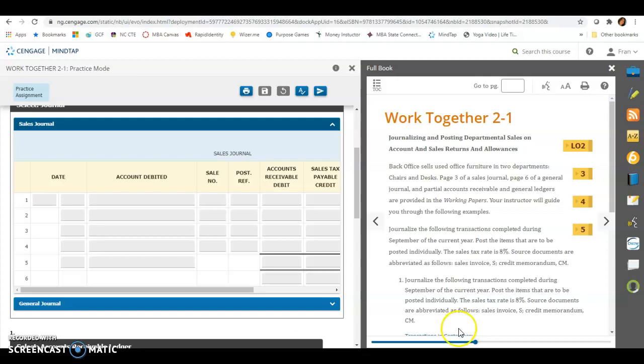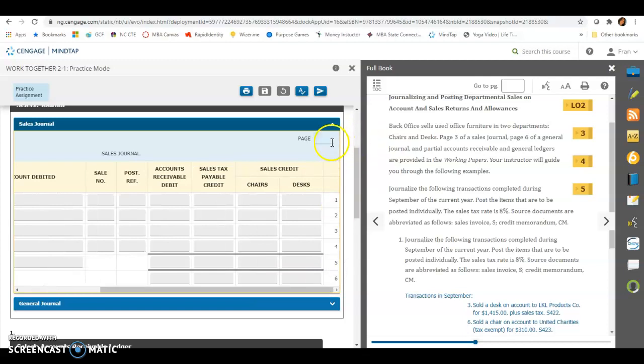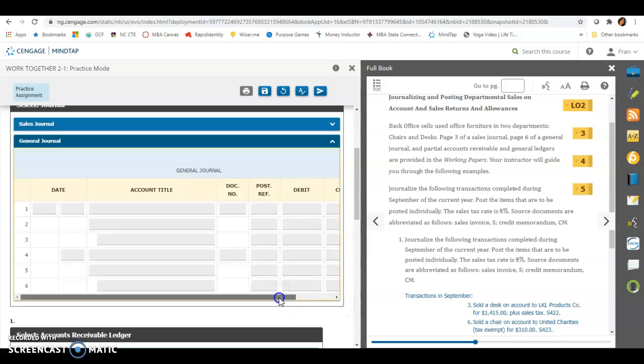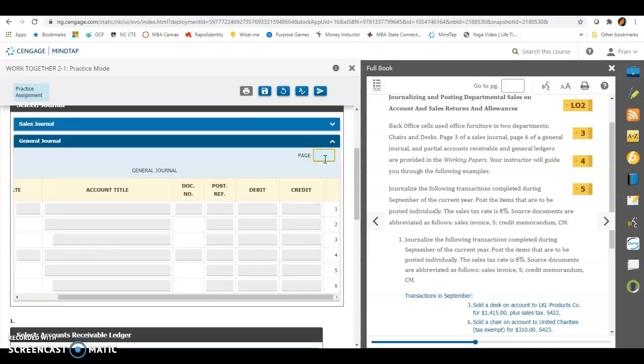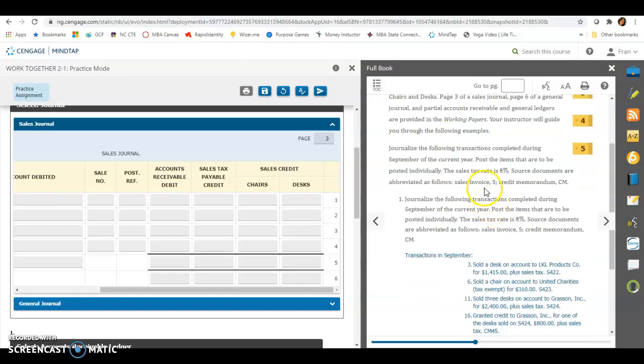Some things that we need to know from the directions is that we're going to be using page 3 of the sales journal and page 6 of the general journal. And it's also telling us that sales tax is going to be 8%.